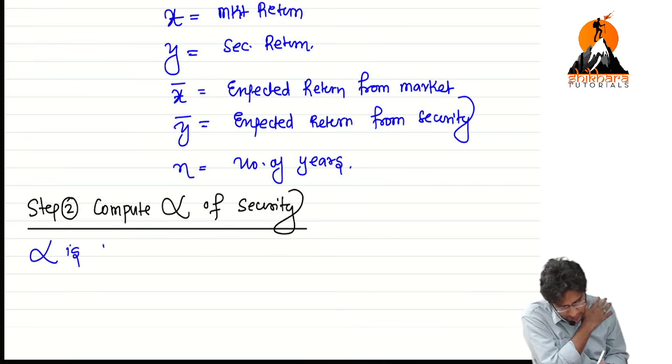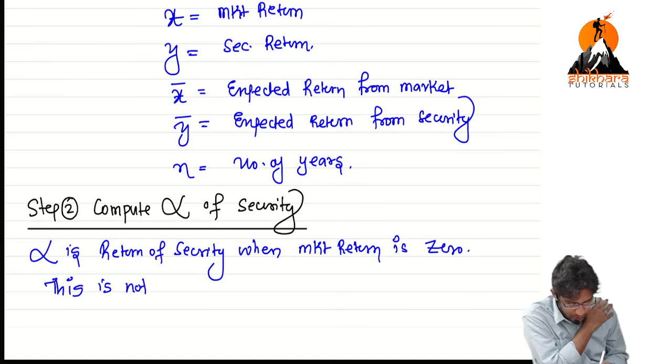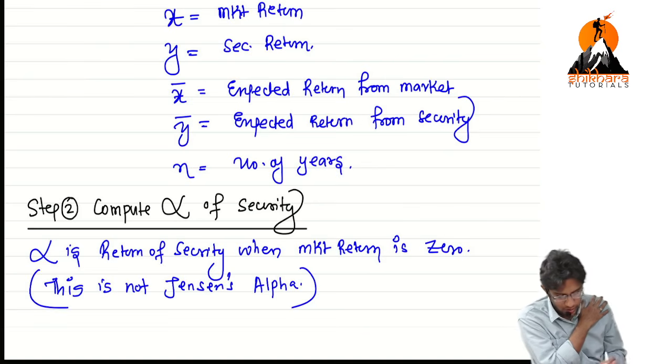Alpha is return of security when market return is 0. This is not Jensen's alpha. This is important, sir.